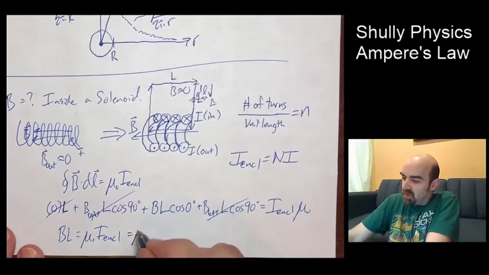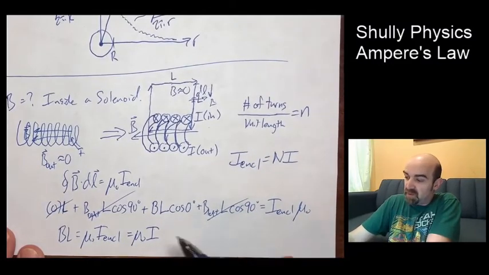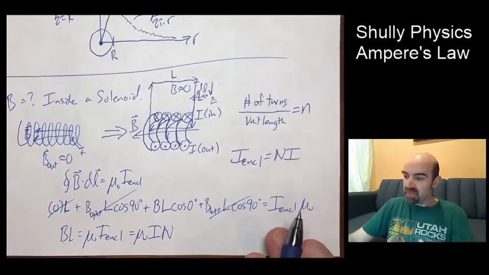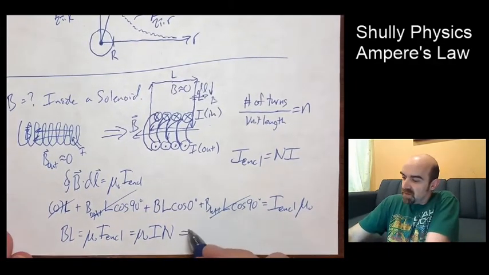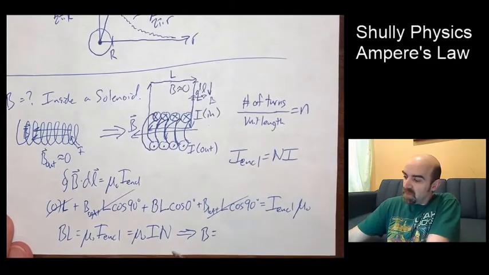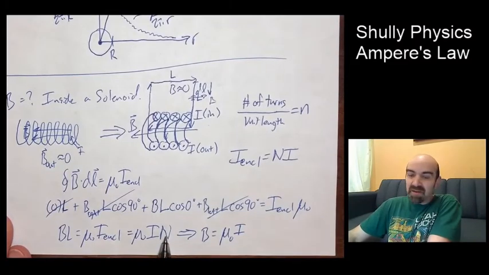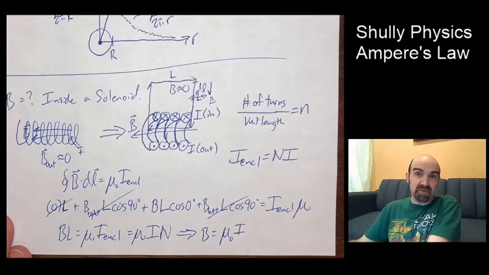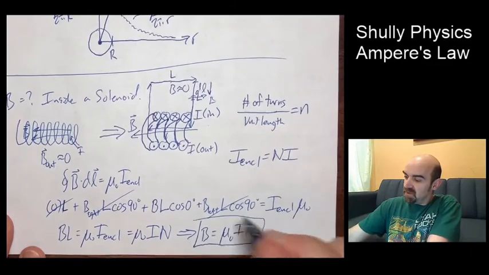So we're going to have mu naught times I through the solenoid wire times N. So finally, what do we get out of that? If we divide L out of both sides, we get the magnetic field being mu naught I times N, the number of turns, divided by L, which is the same ratio of little n, the number of turns per unit length. So that would be for a solenoid.